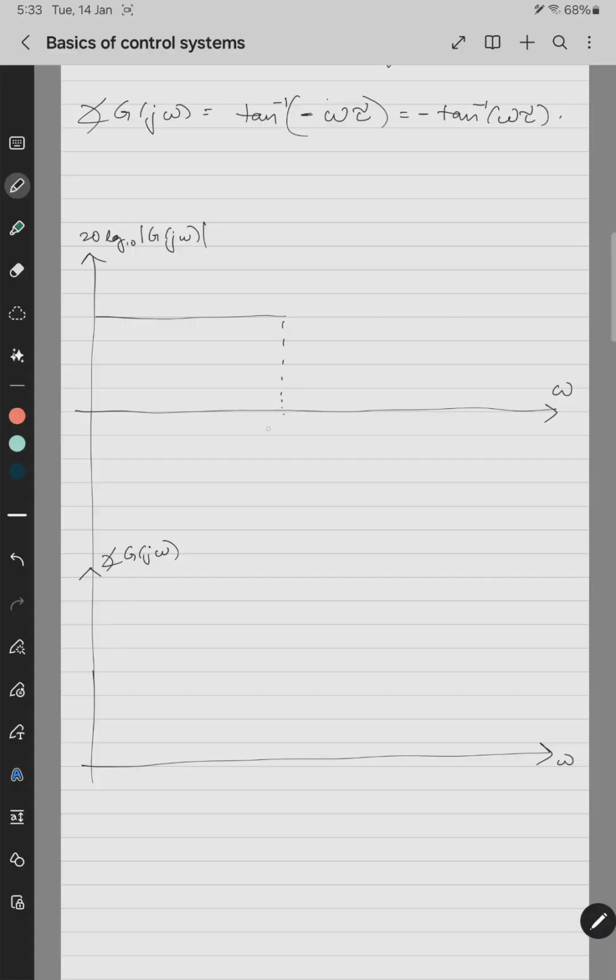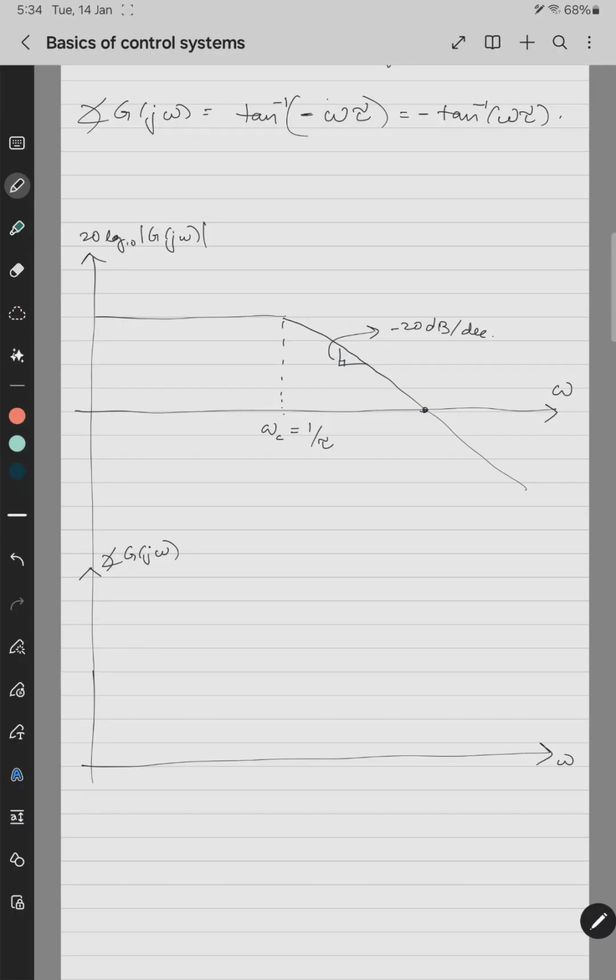Let's call it the cutoff frequency, that is 1 by tau. After this it will start falling, so this slope is minus 20 decibel per decade, because it's a y versus x graph and the y axis is in decibel scale.